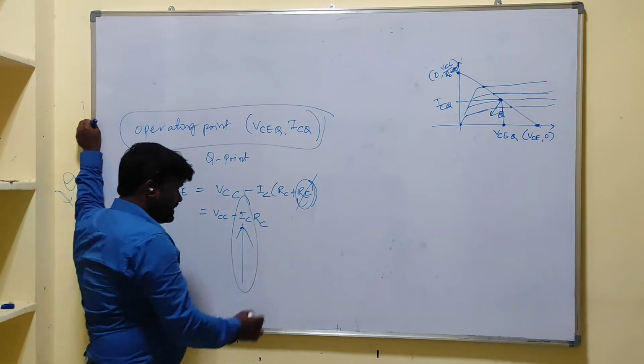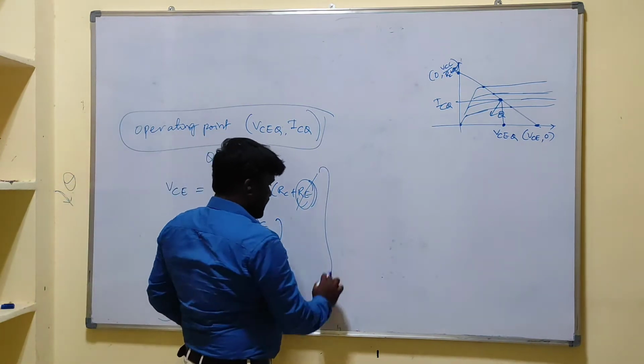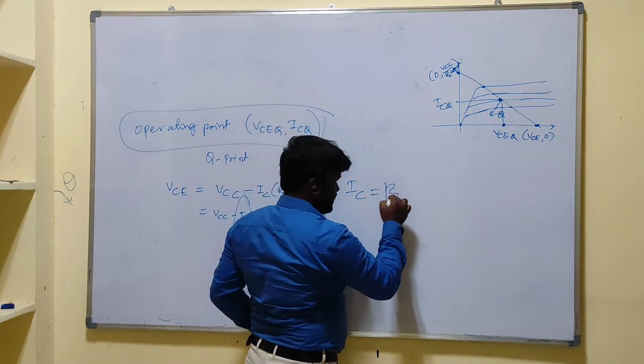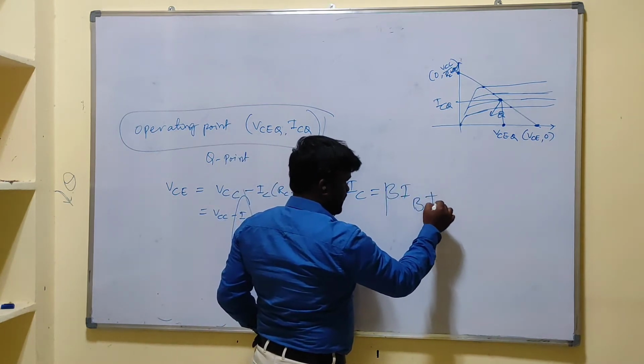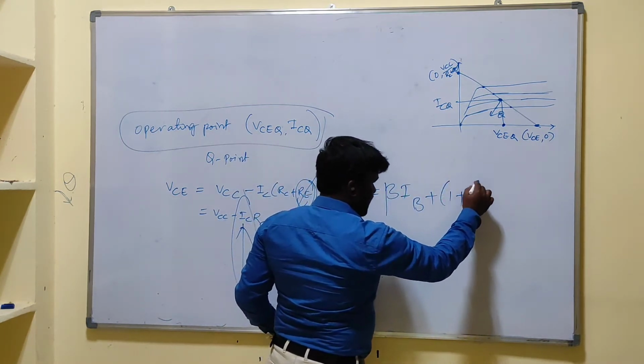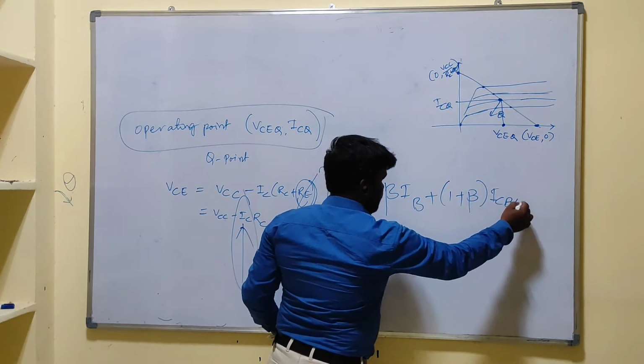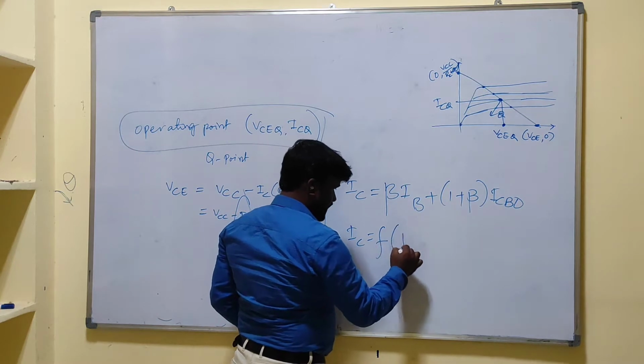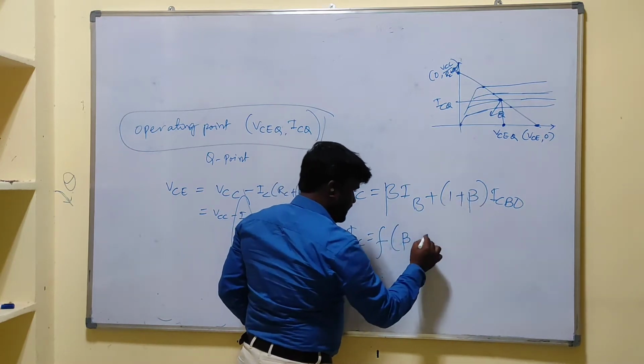Where we can write IC as what? Actually, we have the expression for IC in the common emitter configuration: IC equals beta into IB plus (1 plus beta) ICB naught. Means IC is a function of beta and ICB naught.